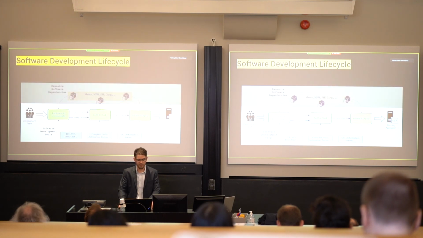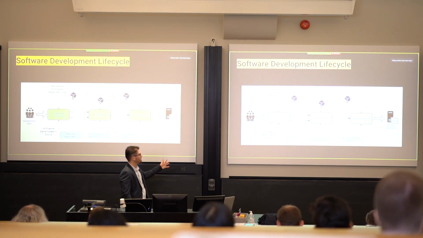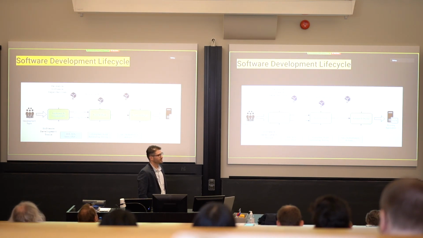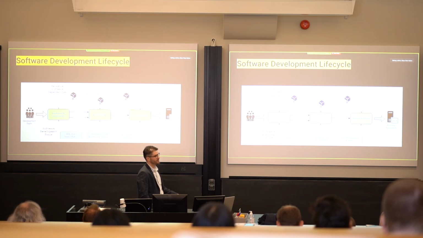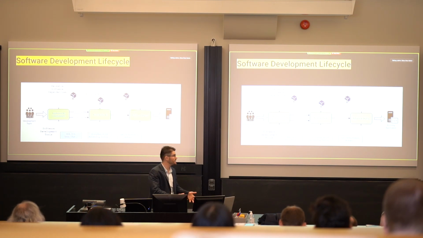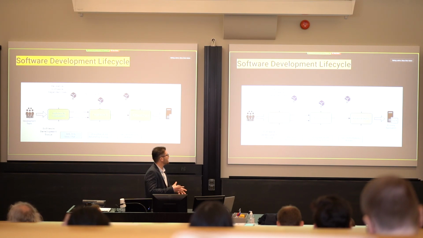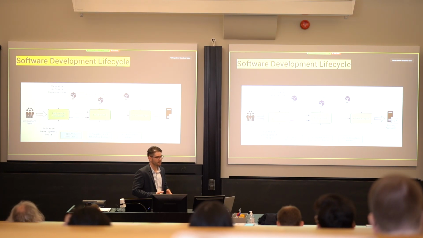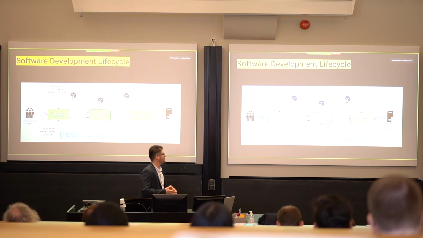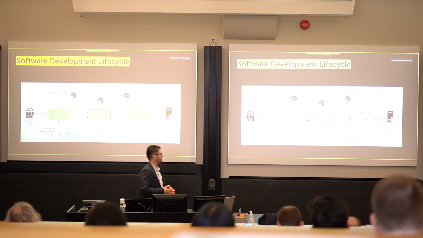But there is something that we see across the whole pipeline, and this is called software dependencies. And software dependencies are code that is packaged, reusable software components, which are part of the whole development lifecycle.